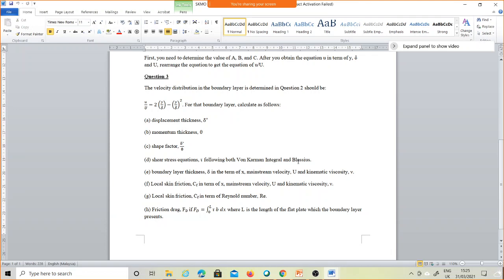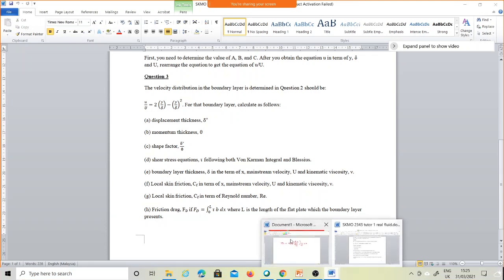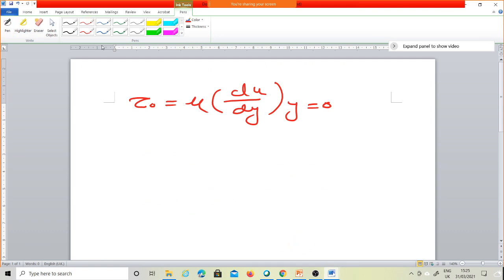So they ask you just to write down the equation. The equation will be this one, and for the von Karman integral, the equation is rho capital U square times d theta by dx. This is the general expression.